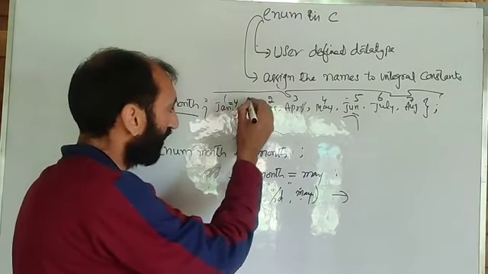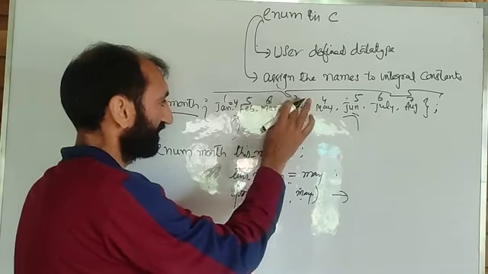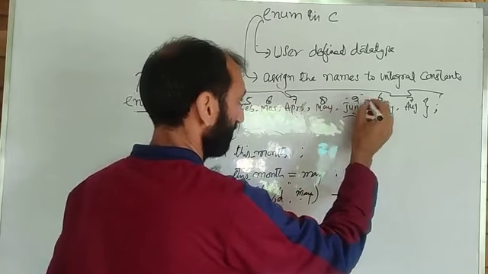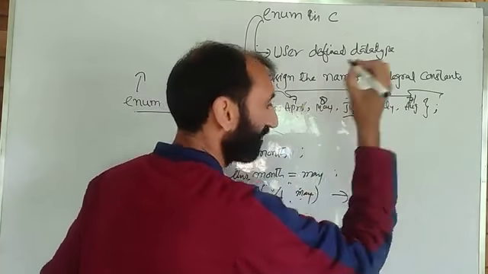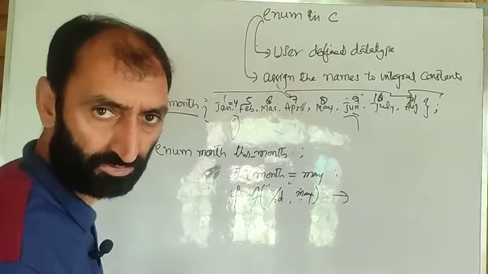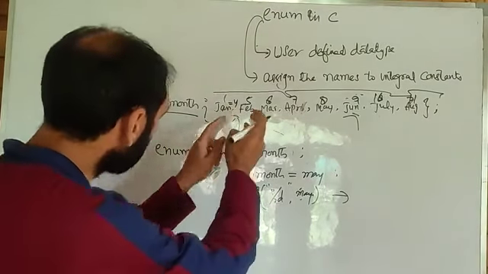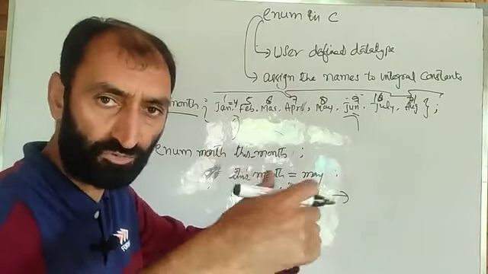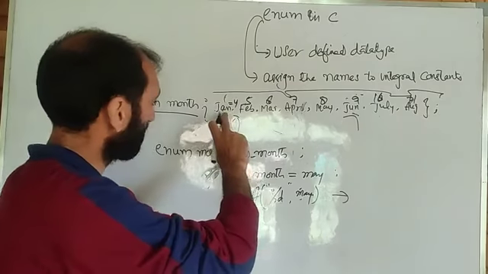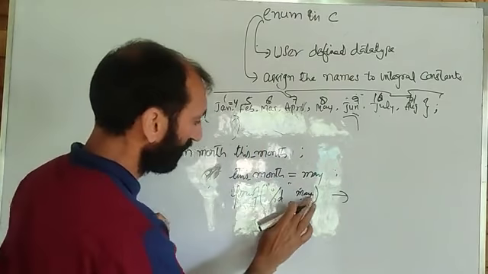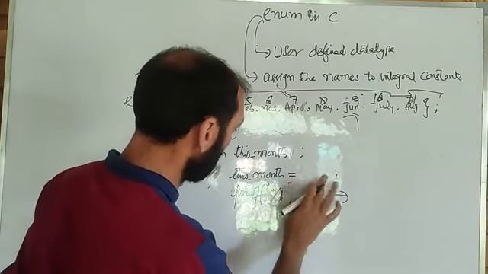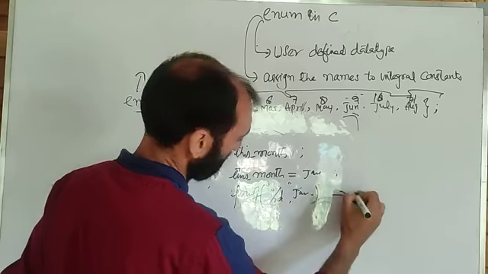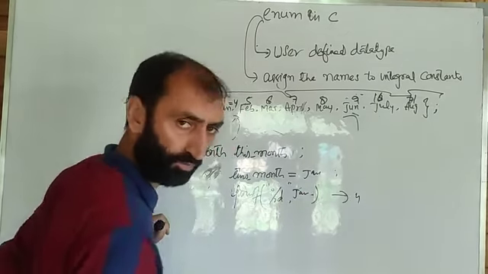Then Feb will be 5, March will be 6, 7, 8, 9, 10, 11. After that, the compiler will increase by 1 for each next one. That means first I have assigned 4. So if I try to print January, it will now print 4.